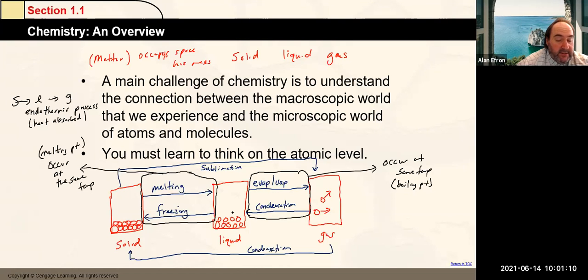And as you continuously heat it in the liquid phase, the individual water molecules gain enough energy to separate from one another and really start flying around as gas molecules. Vice versa, if we're going from gas to liquid to solid, the opposite is happening. This is what is referred to as an exothermic process.